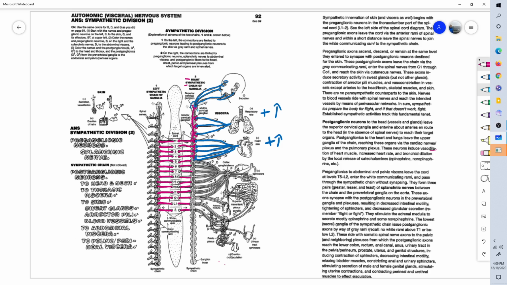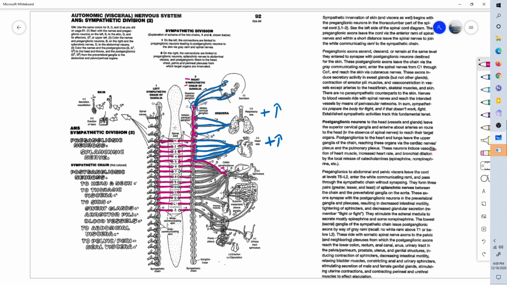As we get lower, something different happens. Below at the level of, say, T5 here, what happens is the preganglionic neurons go right through the sympathetic ganglia and pass down to another ganglia called the celiac ganglia, or the celiac plexus, where they synapse with postganglionic neurons.